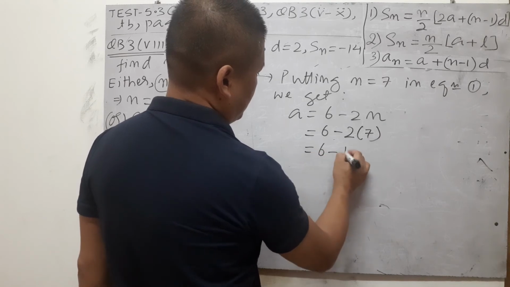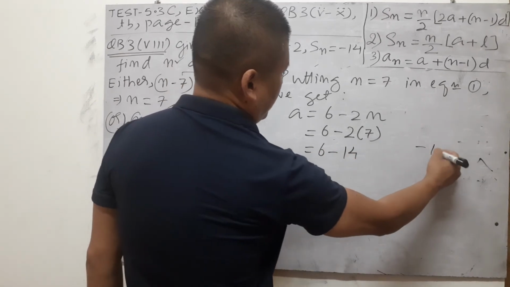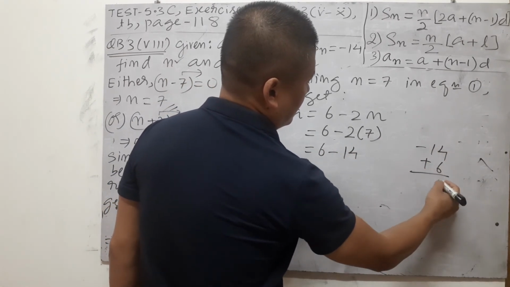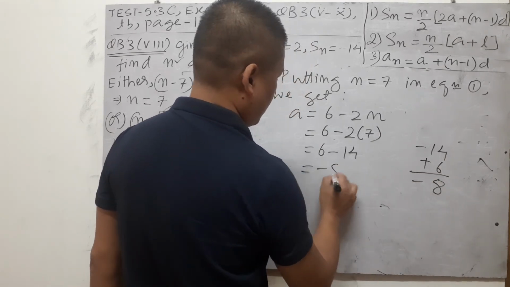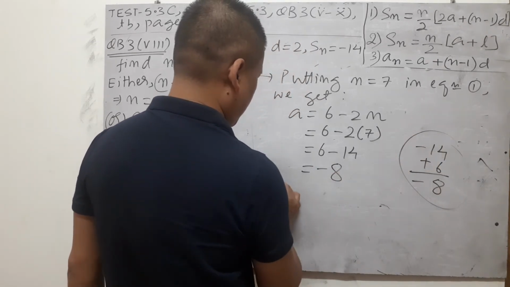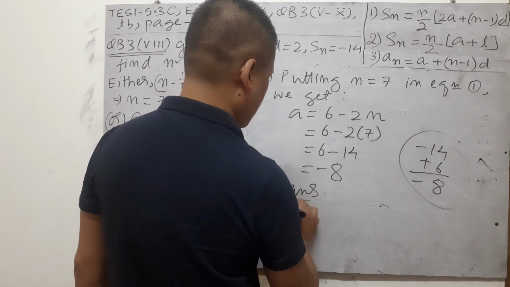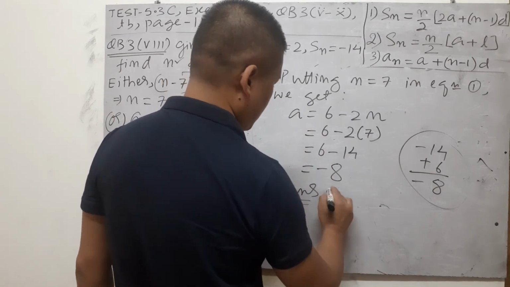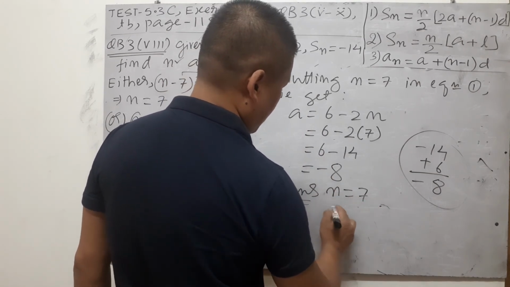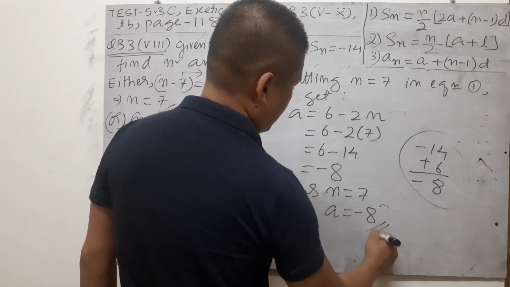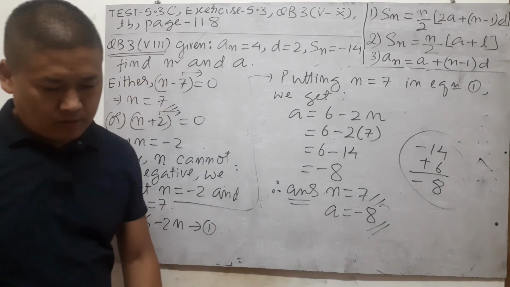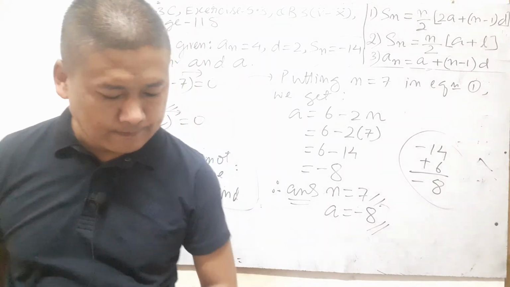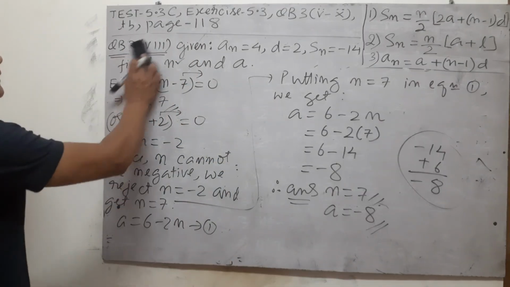So 6 minus 14. Minus 14 plus 6 is minus 8, I think. So therefore the answers are n value plus 7 and a value minus 8. I think the same as textbook answer. Yes. 2 more questions.